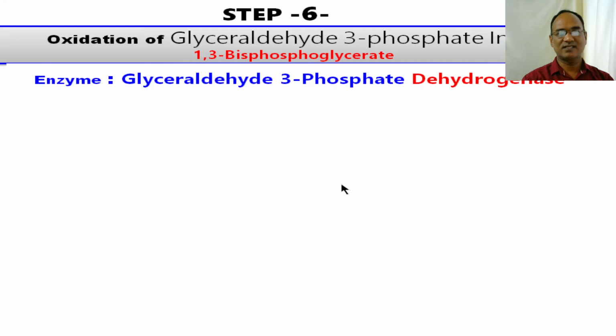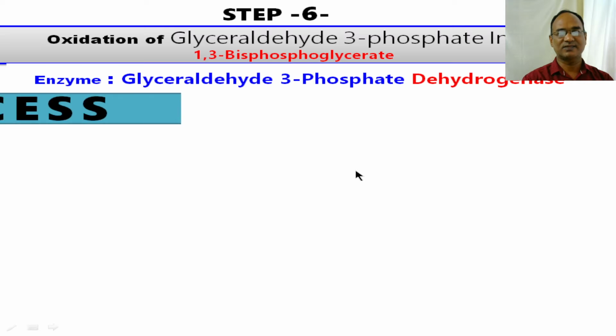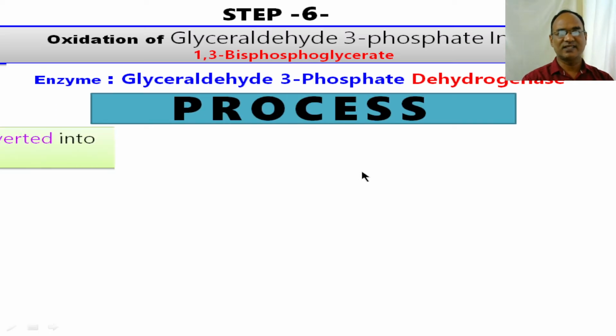For this process, we need glyceraldehyde 3-phosphate dehydrogenase. As I said, oxidation and dehydrogenation are carried out in this sixth stage. The process is very simple.